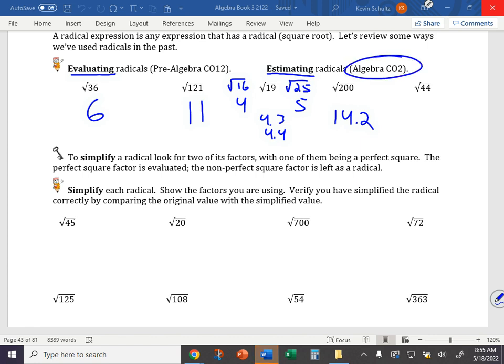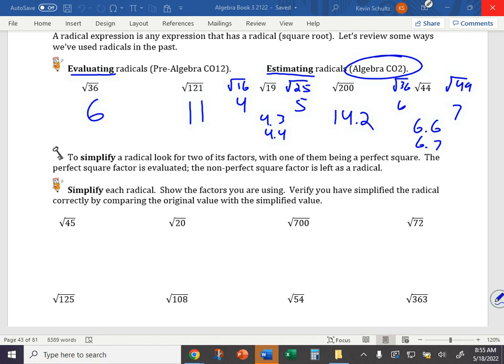Yes, CO2, like the second week of school. It's been a long time. How about the root of 44? Who can give me an estimation for that? Like 6.6 or something. Root 44 is between root 49, which is 7, and root 36, which is 6, closer to 49. So yeah, 6.6, 6.7, somewhere around there.